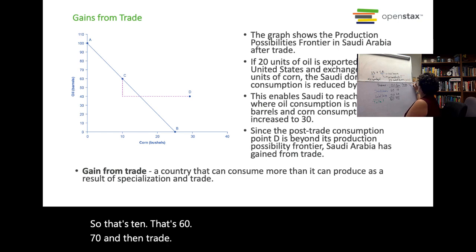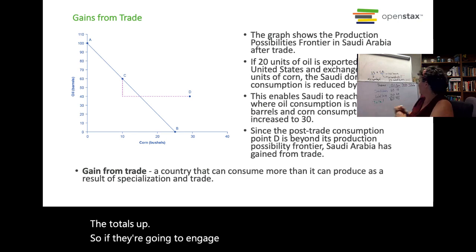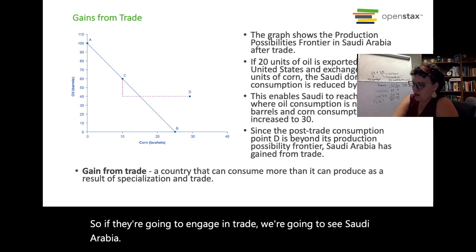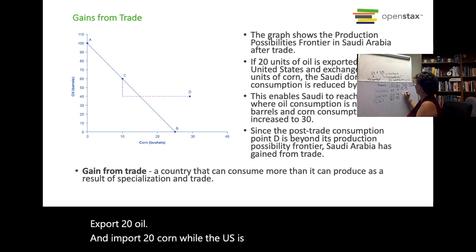And then we'll have the totals up here. So if they're going to engage in trade, we're going to see Saudi Arabia export 20 oil and import 20 corn, while the U.S. is going to import the 20 oil and export the 20 corn.